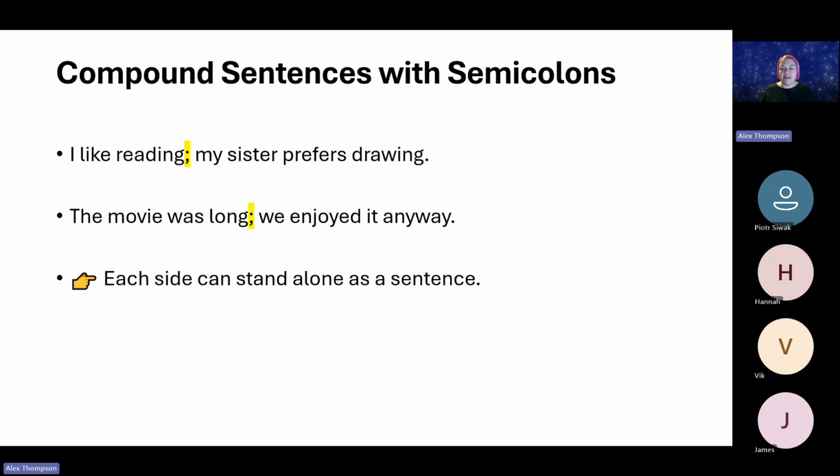And then the complex sentences as well. So we have one main idea with some added detail that is dependent. That added information, that detail on its own is grammatically not good. It needs to be with that basic, simple sentence, that independent clause.